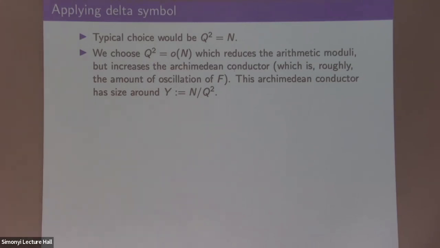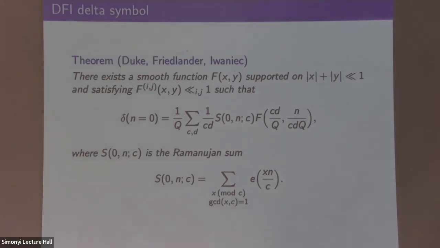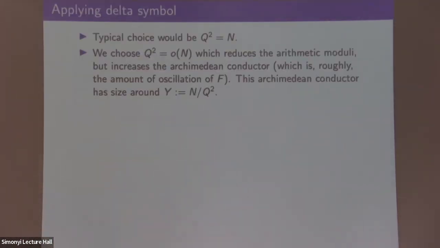So we measure this in terms of the Archimedean conductor, which people use in a more general way. Technically, the Archimedean conductor is the part of the conductor coming from the gamma factors in the functional equation of an L-function. Here this function F has nothing to do with an L-function, it's just some function, but you can still talk about what you might call the Archimedean conductor.